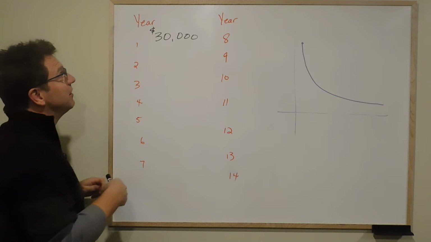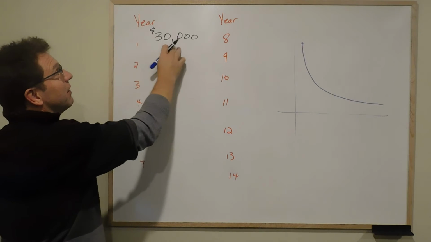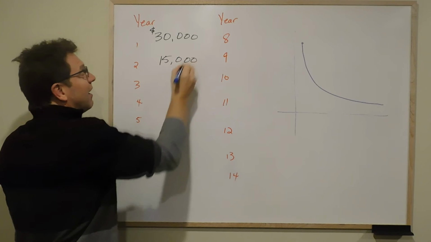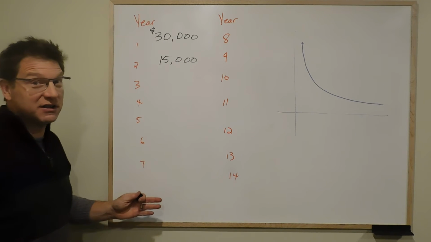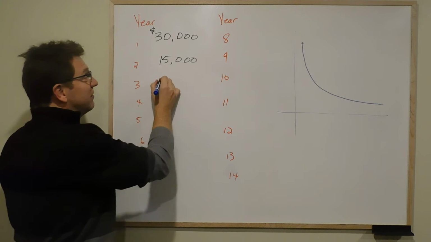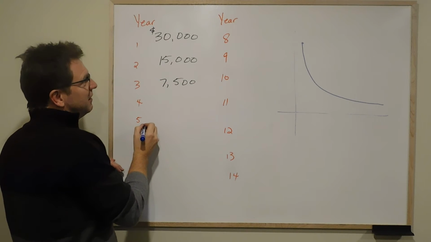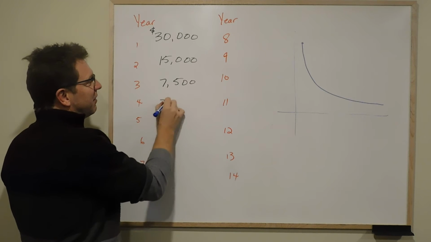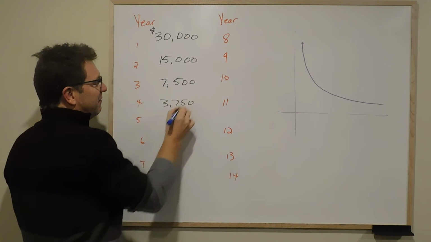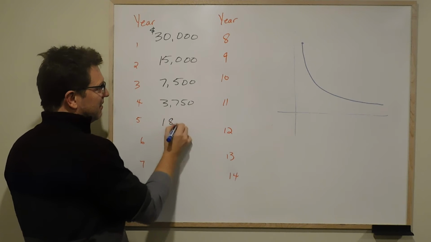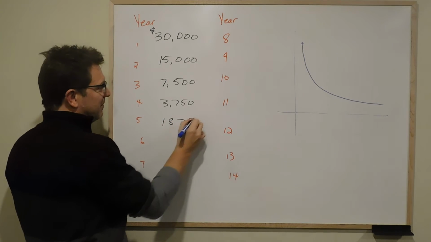So after a year, if it starts in year one at 30,000, then it'll be 15,000 after the next year. You lost a lot. And then it'll be 7,500. And then it'll be, whatever, 3,750. And then it's going to be 1,875, I believe.